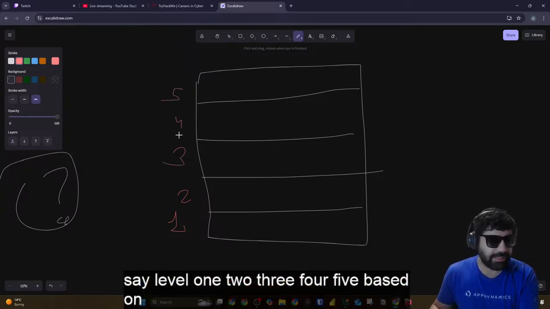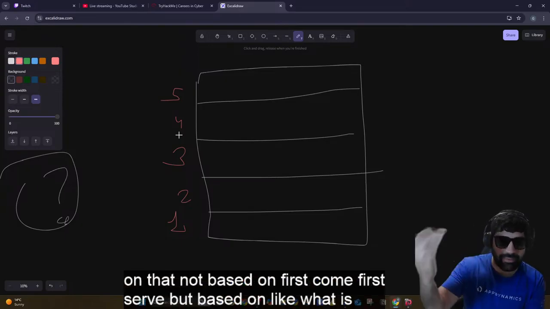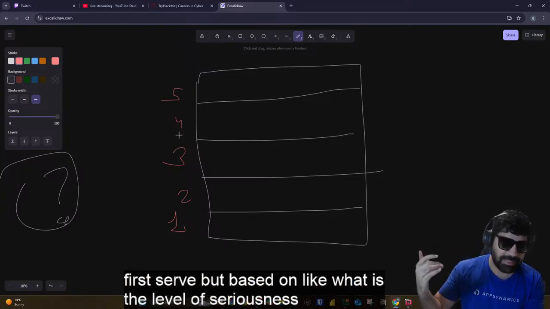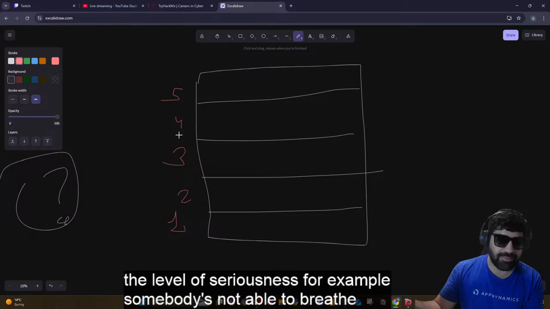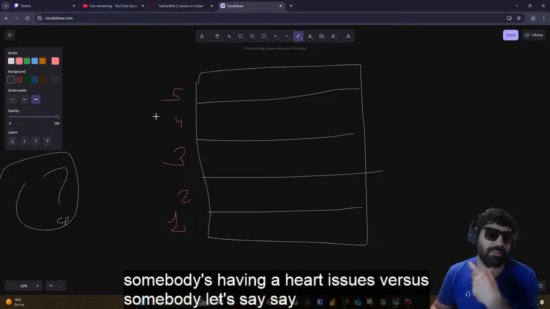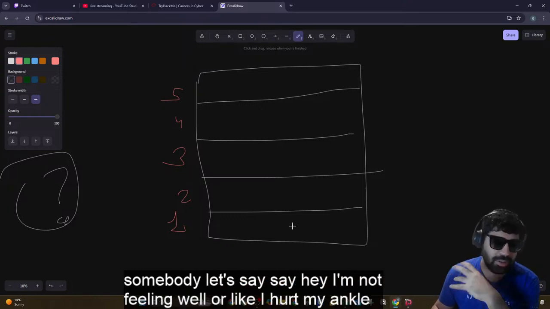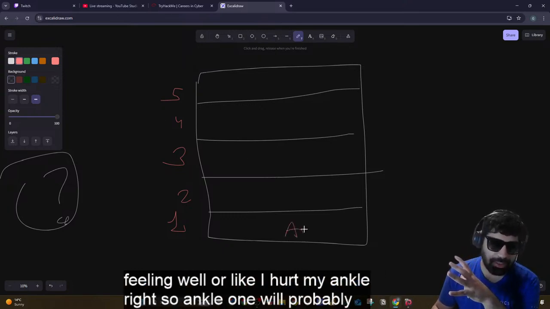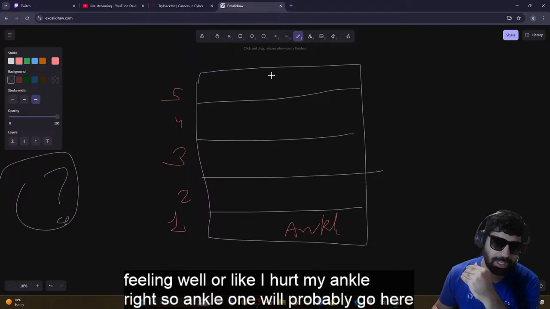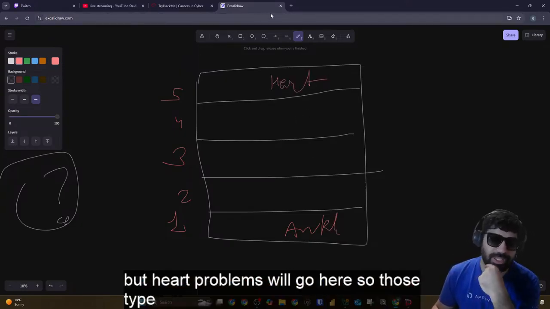Not first come, first served, but based on the level of seriousness. For example, somebody not able to breathe or having heart issues, versus somebody who isn't feeling well or hurt their ankle. The ankle will go here, but heart problems will go here.